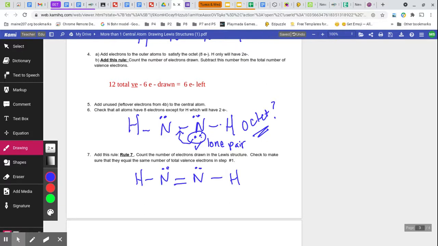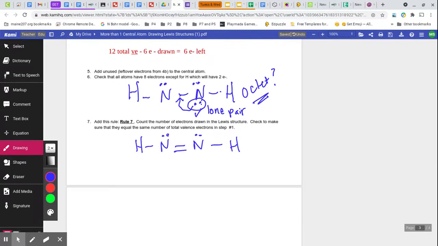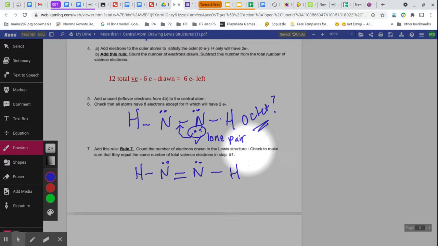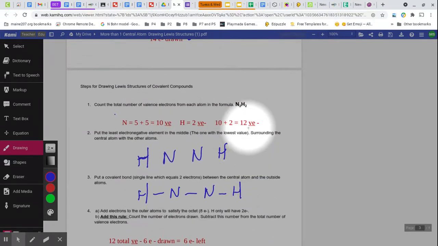And now let's check to see if they each have 8 and then how many electrons we drew. This nitrogen on the right has 2, 4, 6, 8, because these are a nonpolar covalent bond. Those electrons are shared equally. The one on the left, 2, 4, 6, 8, they are all good. Now let's count the total. 2, 4, 6, 8, 10, 12. I drew 12 electrons, which matches what we totaled in step 1.